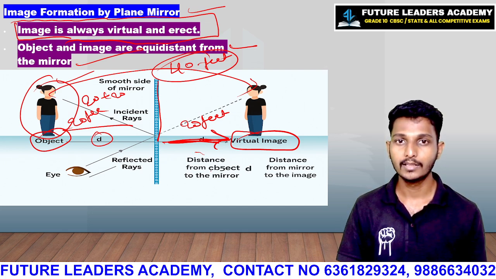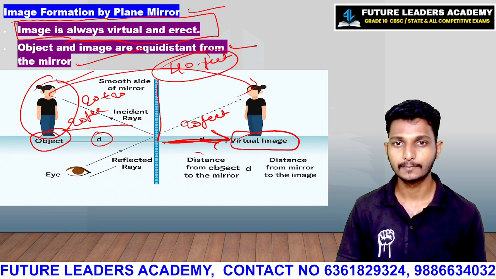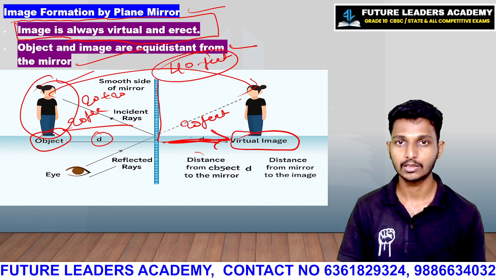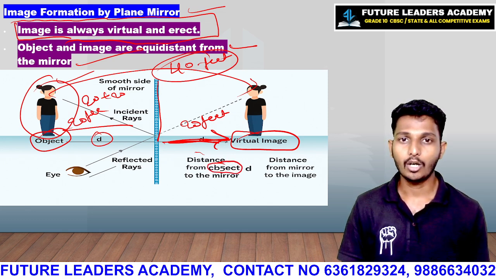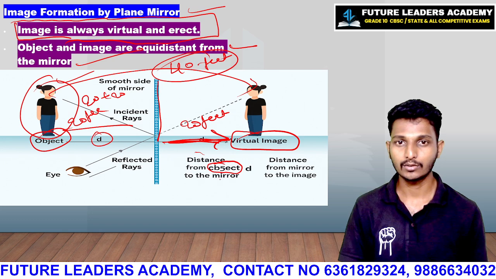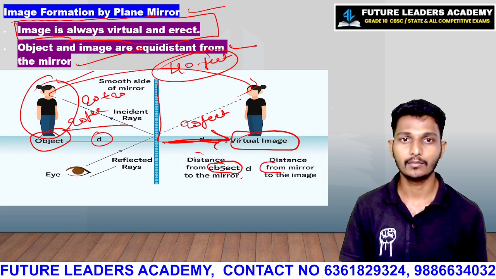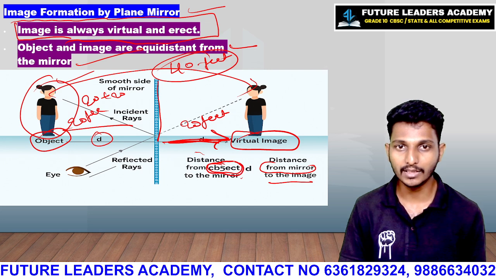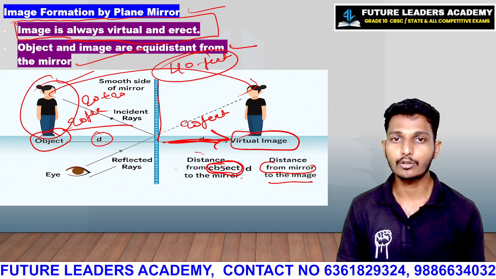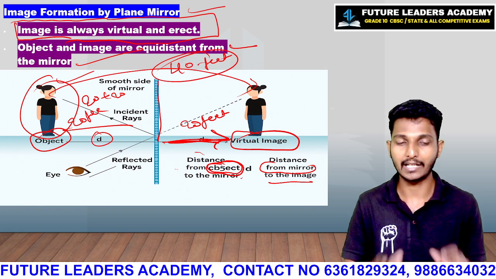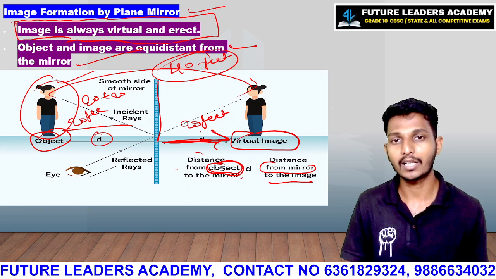Distance from the object to the mirror, and distance from the mirror to the image. Don't be confused, these should be added, then only you can calculate.